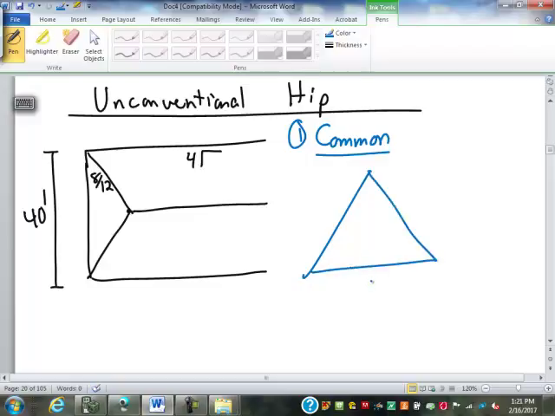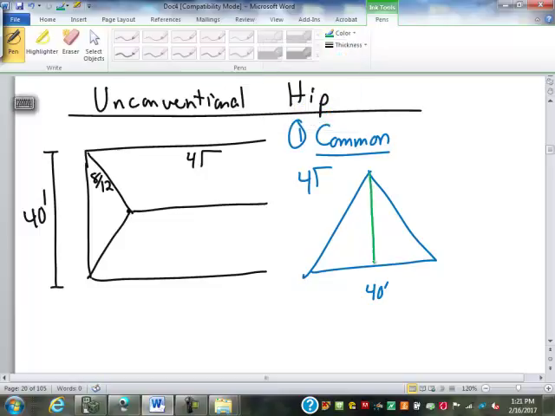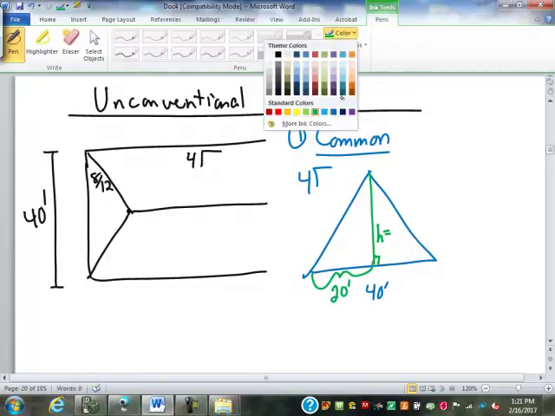What do we know about our common? What's that? 4/12 slope. Good. What else do we know? 40-foot span. Very good. That is all we know. That's what we're going to use to find h. Of course, the run is going to be 20 feet.